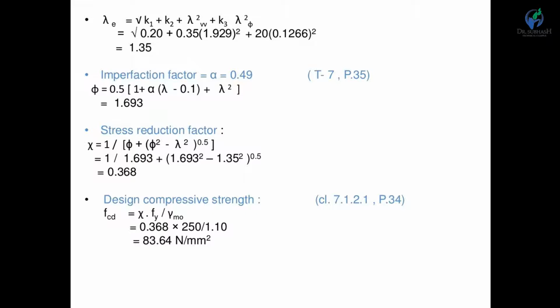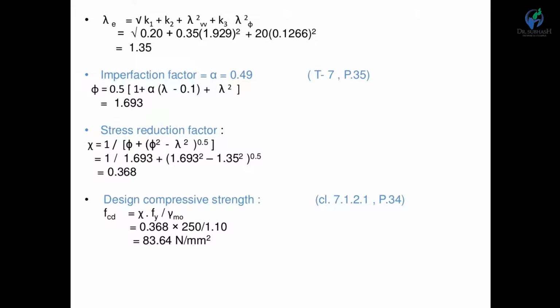So we calculate lambda E, the effective slenderness ratio. After that, we find the imperfection factor alpha. The imperfection factor alpha is given in Table number 7, page number 35 in IS 800 2007. We know that for a built-up section the buckling class is C, so alpha is 0.49. After finding the imperfection factor, we get the value of phi and the stress reduction factor.